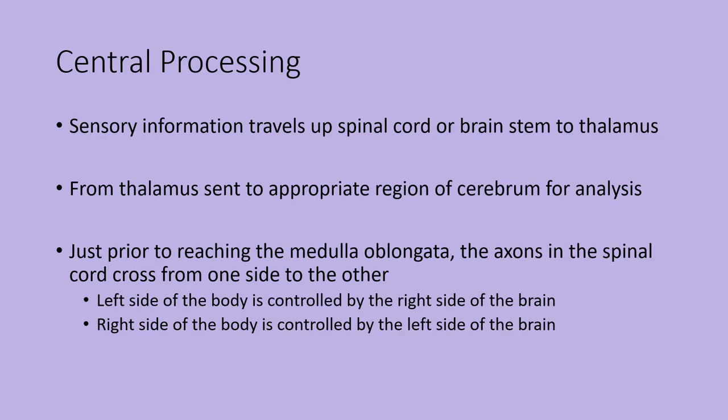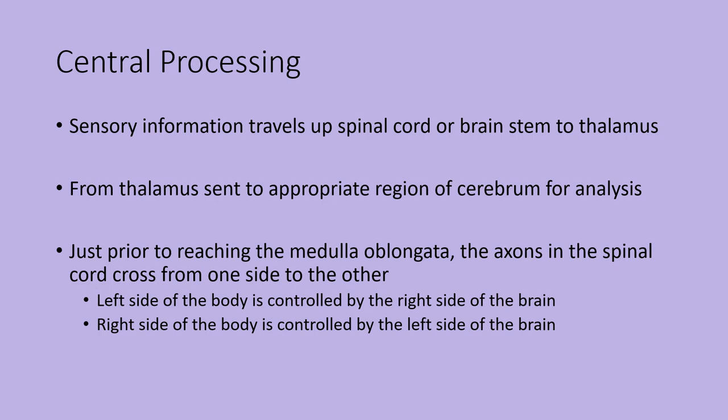Once that information arrives in the spinal cord and then up to the brain, now you have the step of central processing. So the sensory information is going to travel from throughout the body, other than the brain. There's a few nerves in the brain that won't do this, but most sensory information is going to travel up the spinal cord or go through the brain stem, and it's going to go through the thalamus.